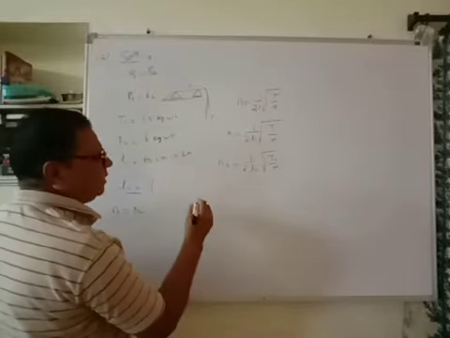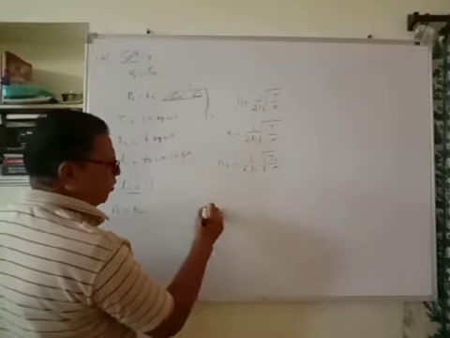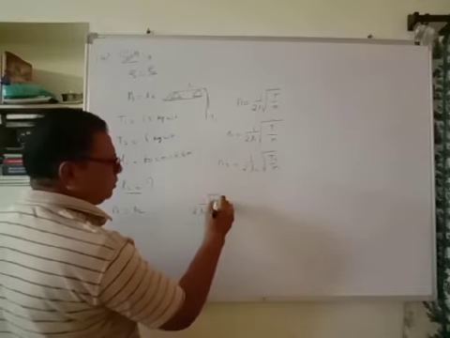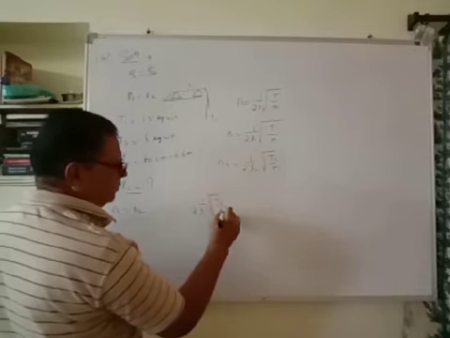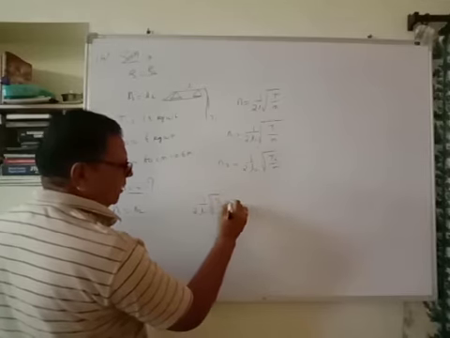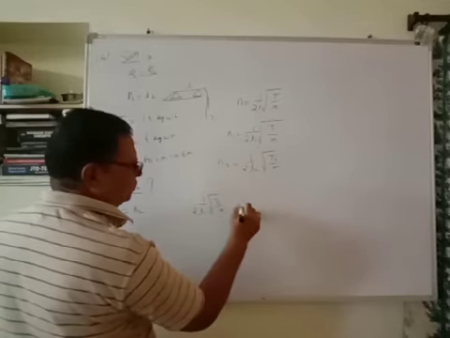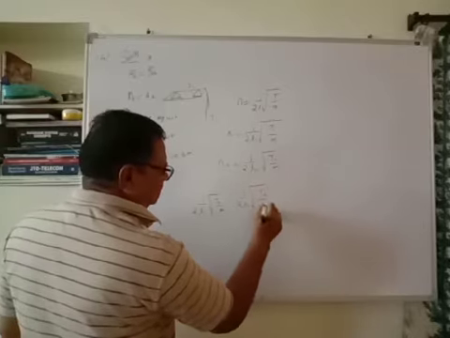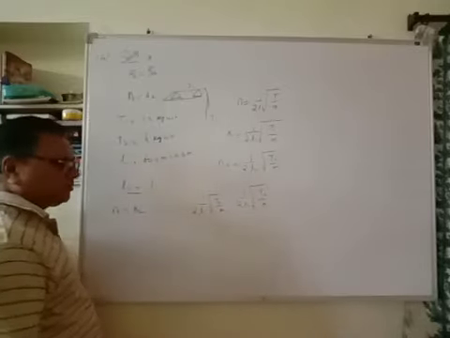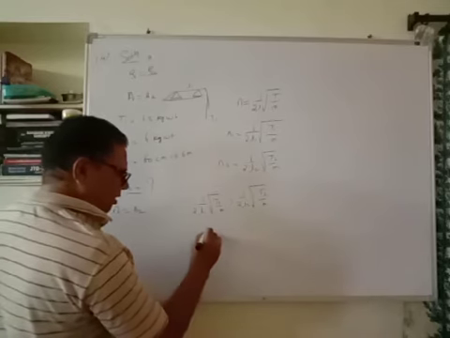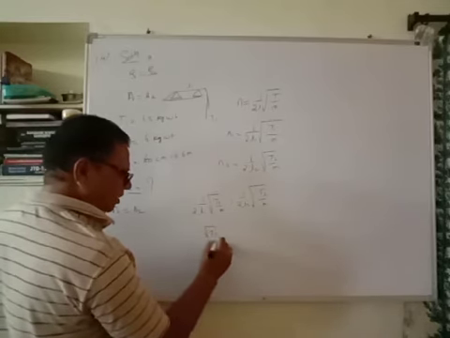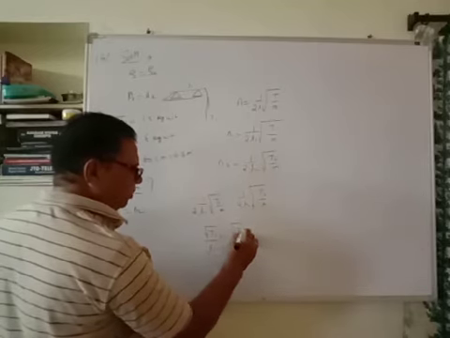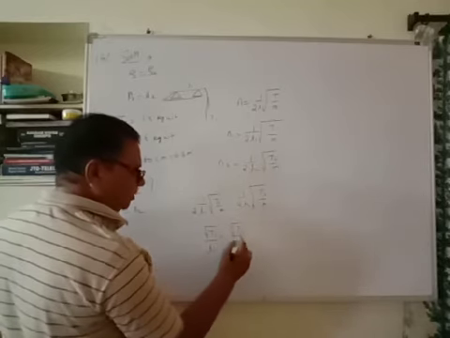Equating both the terms, we get 1 upon 2 L1 under root T1 by M equals 1 upon 2 L2 under root T2 by M. The 2 gets cancelled, M gets cancelled. We get under root T1 divided by L1 is equal to under root T2 divided by L2.